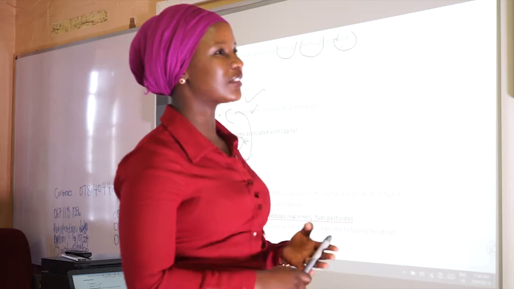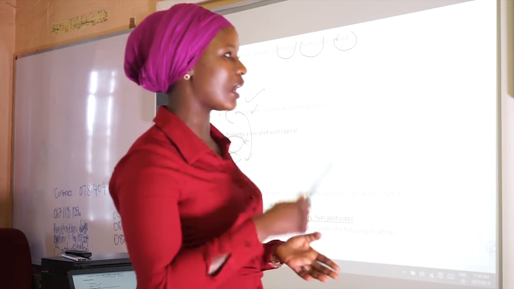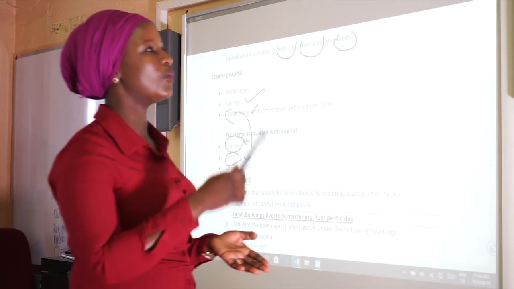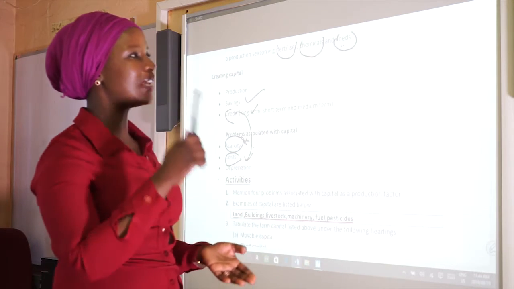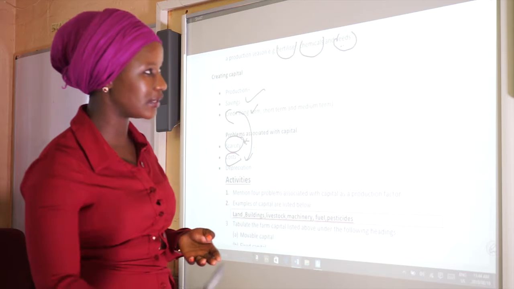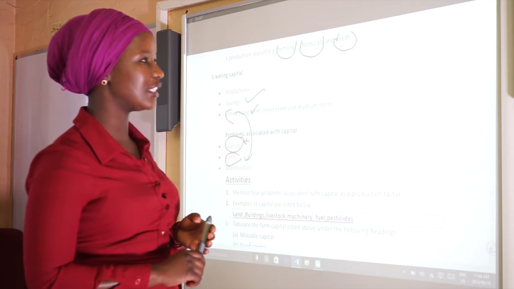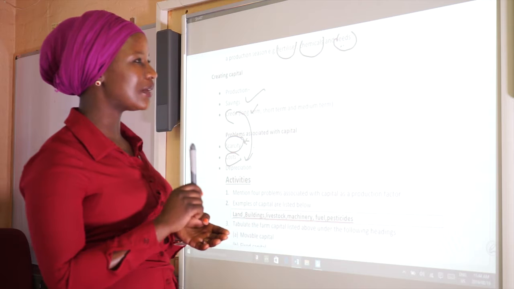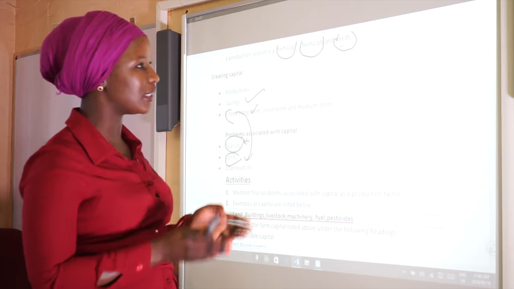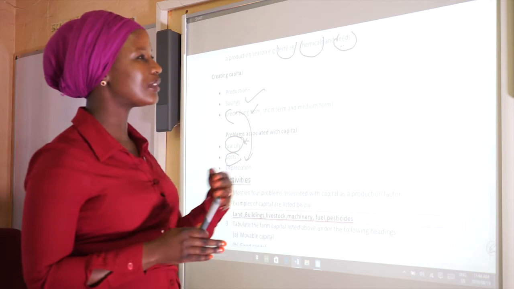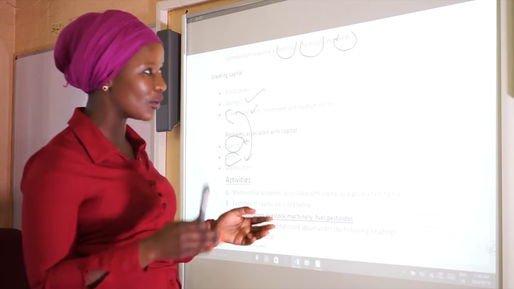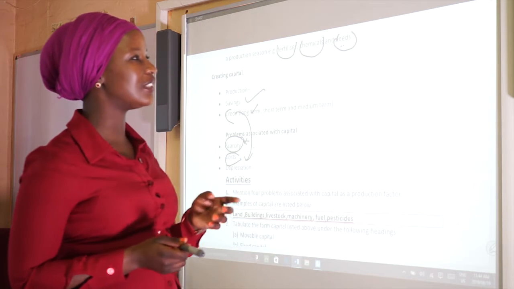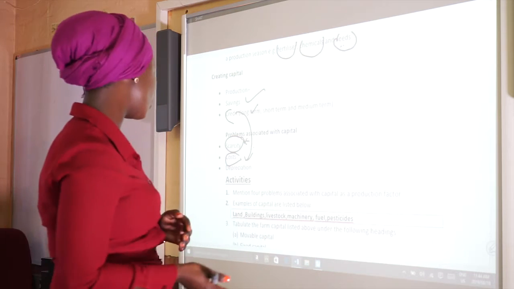Let's say the interest rate is currently sitting at 10%. I'm making an example. If you go to the bank and borrow 100 rand, that 100 rand will cost you 10 rand. That is a good indication that capital is costly. Now, no farming enterprise can operate on 100 rand. When you start a farming enterprise, we're looking at something way more than that. So if 100 rand costs 10 rand, just imagine what 100,000 can cost you.